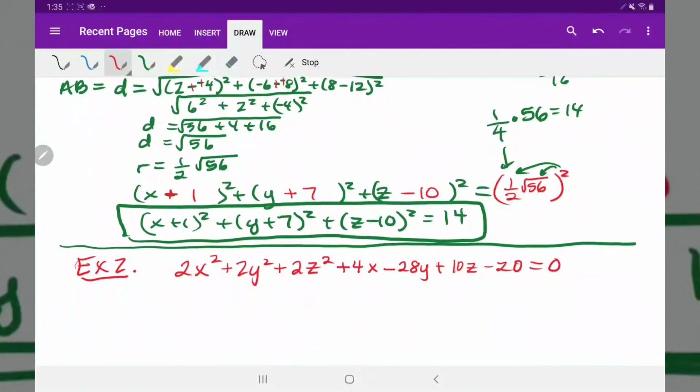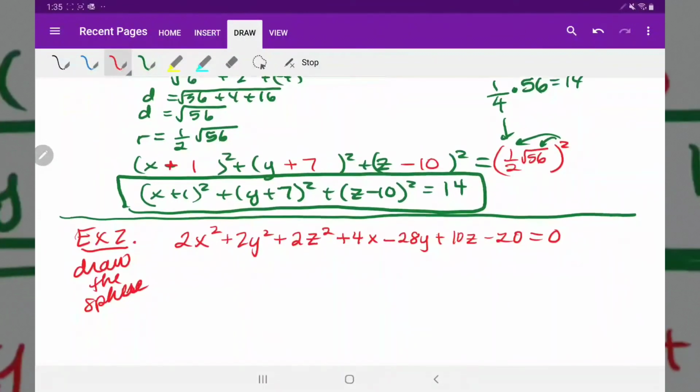So what does it remind you of? It should remind you of completing the square. Okay, I think I'm going to divide everything by 2. What do you think? Divide everything by 2. So that's x squared, and I'm going to organize. So x squared, and then let's do the x next.